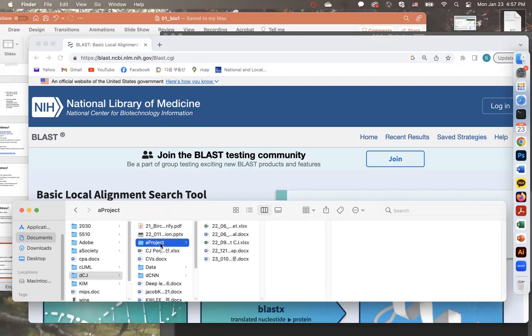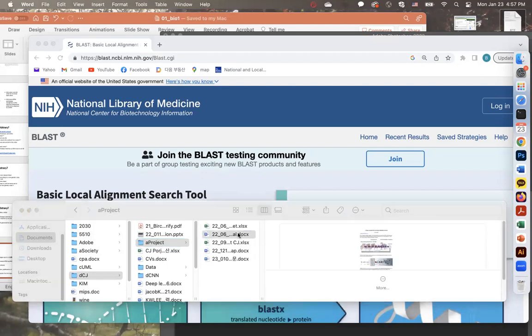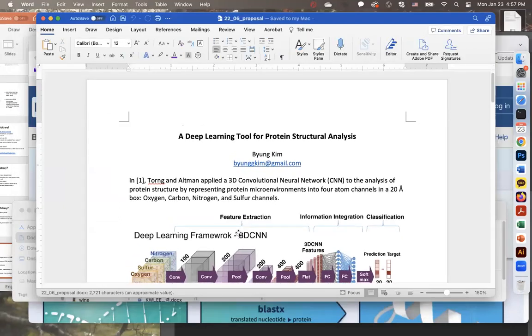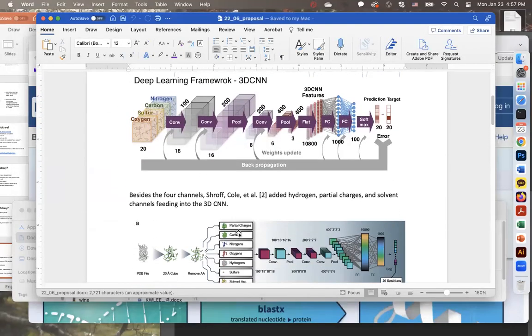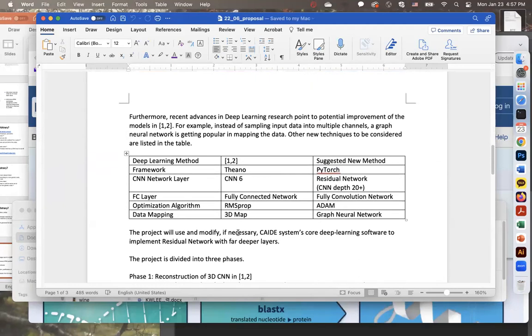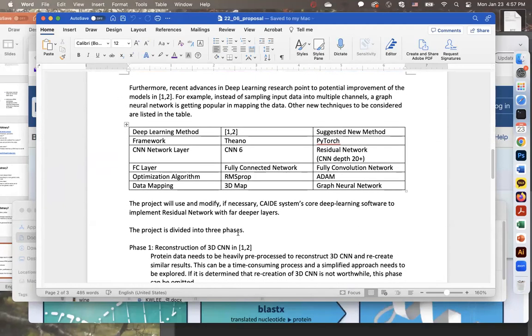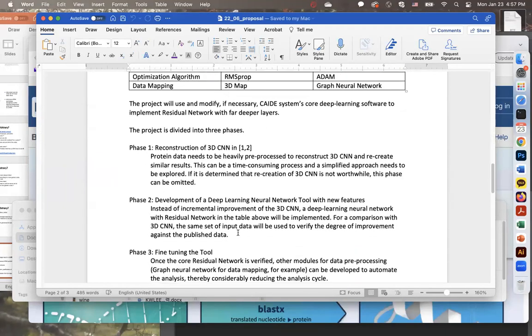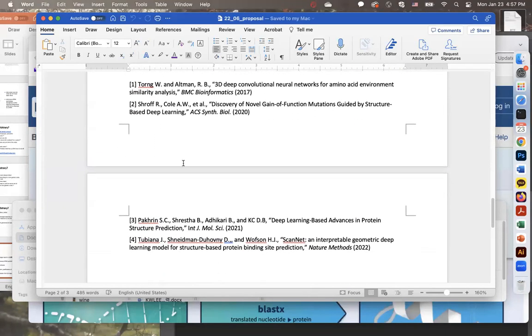Just forgot where that protein database is. Let me take a quick look at. Not it. That's what I'm.